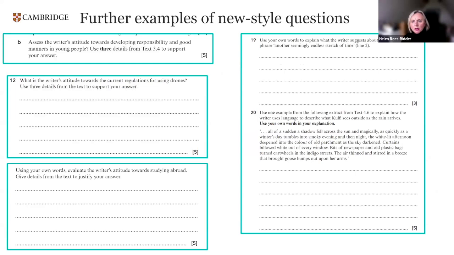And that's the new 3-mark question where they're given one phrase to explain. And we've got our 5-mark question where they're given an extract and they have to choose one example from the extract. So all of those are further examples of the new style questions in the workbook. So between them, the course book and the workbook are going to give you a wealth of material on these new style questions in the examination.